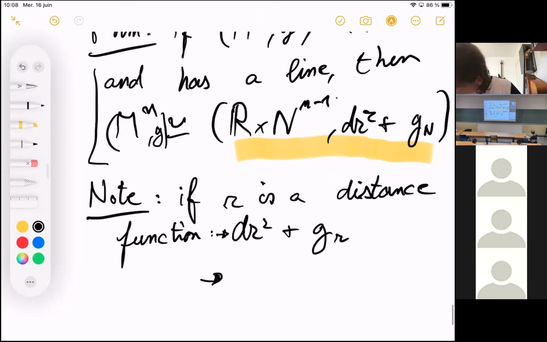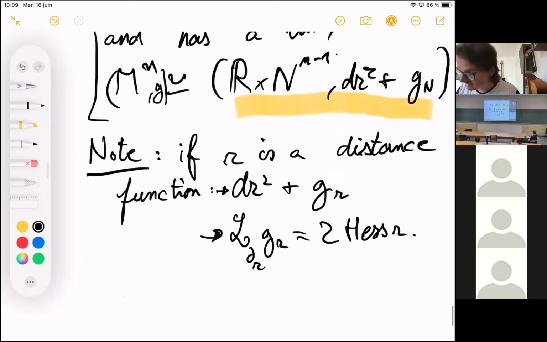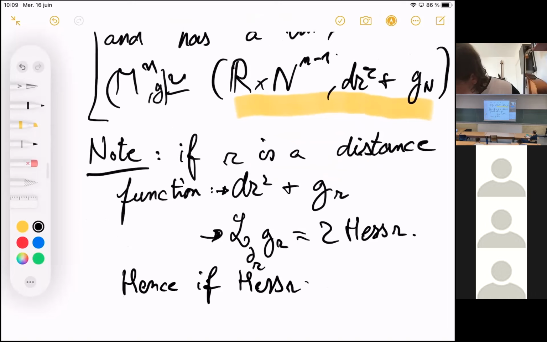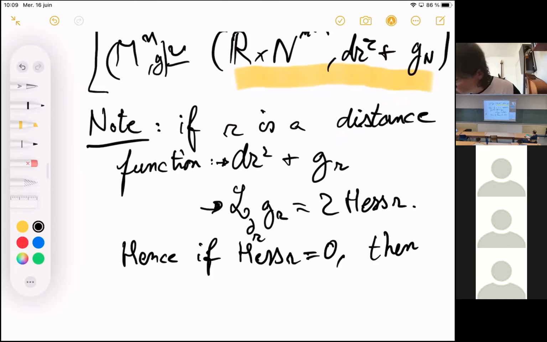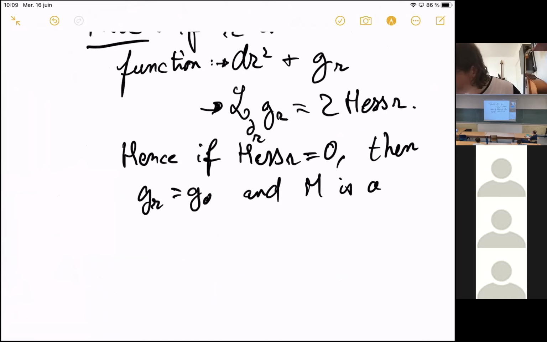And we saw that the Lie derivative of those metrics on the hypersurfaces is equal to twice the Hessian of the distance function. So if the Hessian of r is equal to 0, then g_r is equal to g_0, and M is a product.